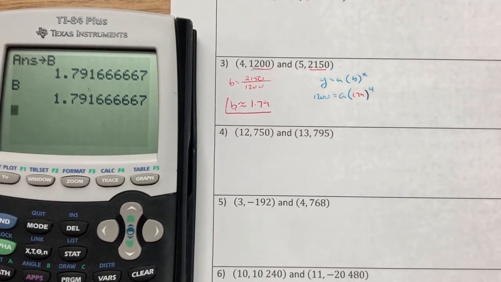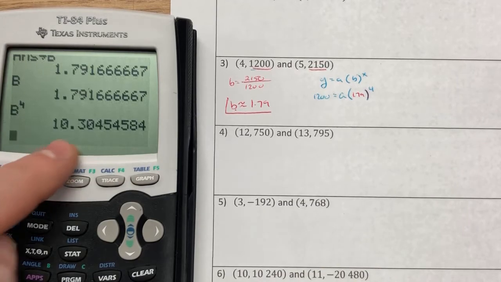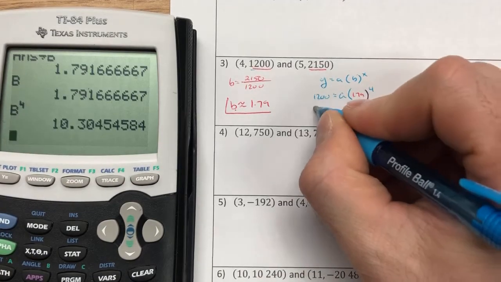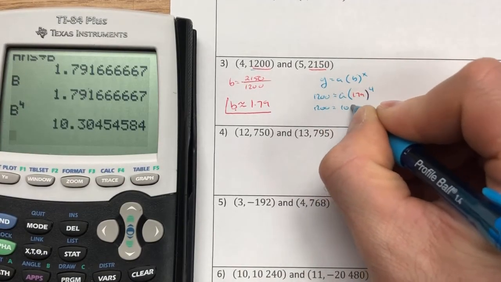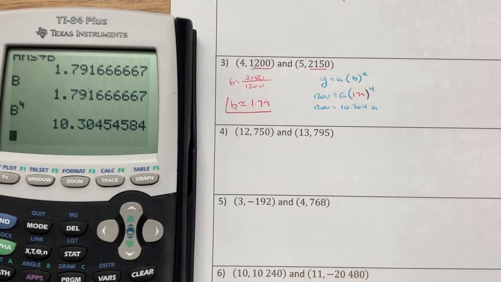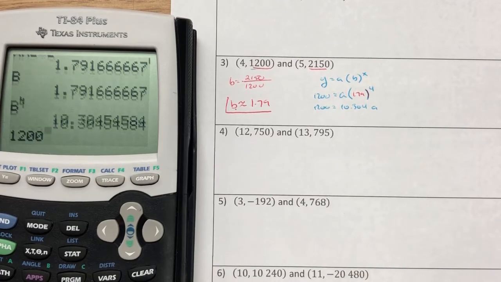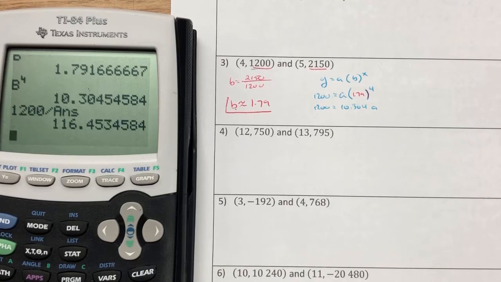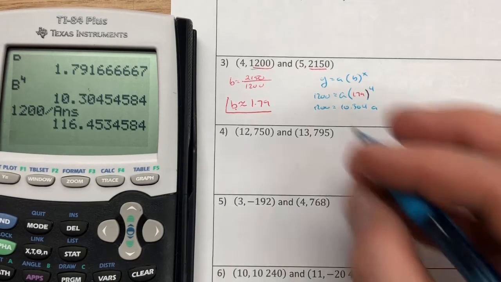So I'm going to take b and raise it to the 4th power, which is 10.304. Then I'm going to take that number without clearing it, 1200 divided by my answer, which gives me 116.45.